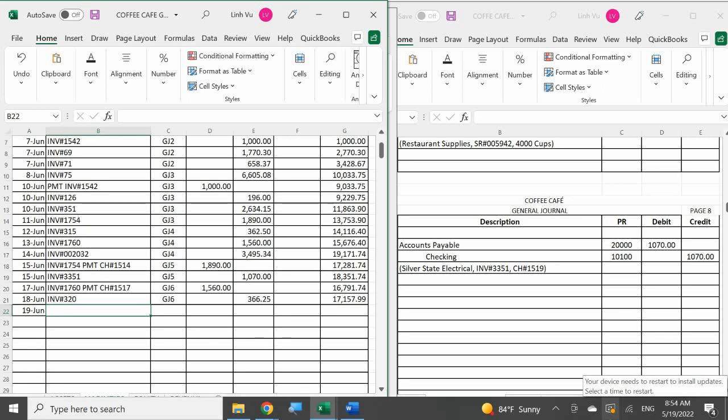So in this case, we just paid invoice number 3351, payment, check number 1519. We're on the 8th page now, and we decreased our liabilities by 1070. So then, how much do I owe now?